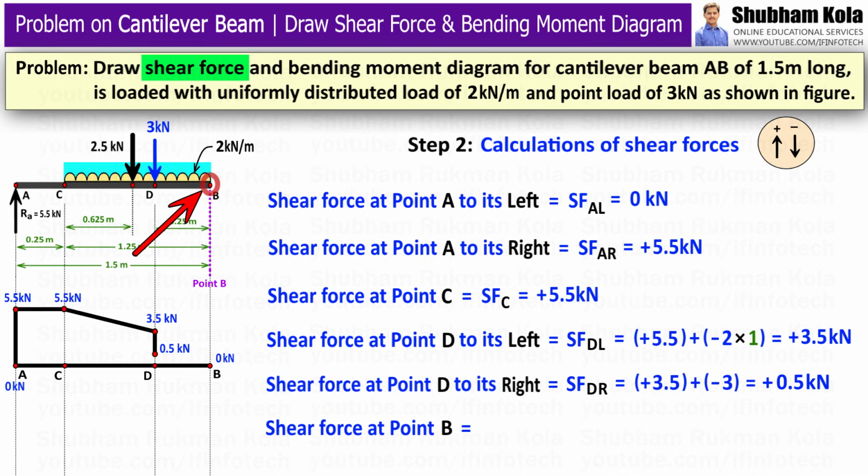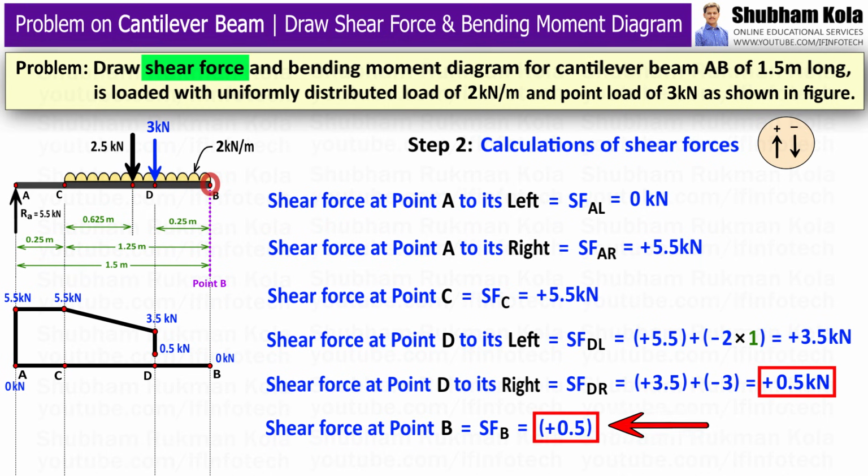Now the point B is the end point of UDL, so I am taking section to the point B, that is SF at point B, and here I will carry forward previous value of shear force up to point D to its right, which is 0.5 kN, and to the right side of point B there is UDL of 2 kN per meter.